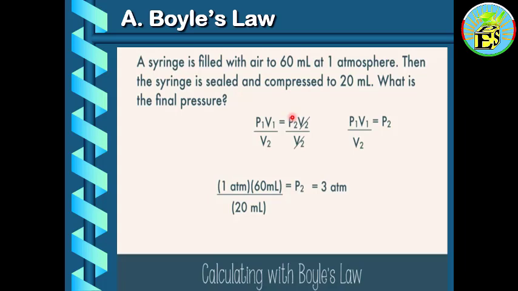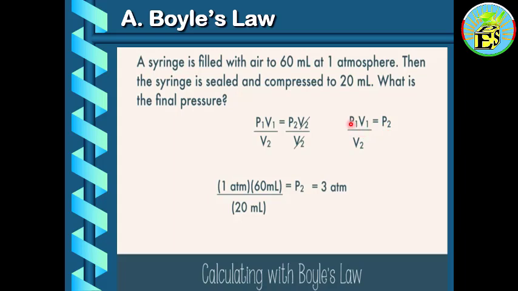How can we do this? As we learned from math, we must divide by V2 and divide the other side by V2. So V2 will cancel on the right side, and we will have P1 V1 over V2 equals P2.